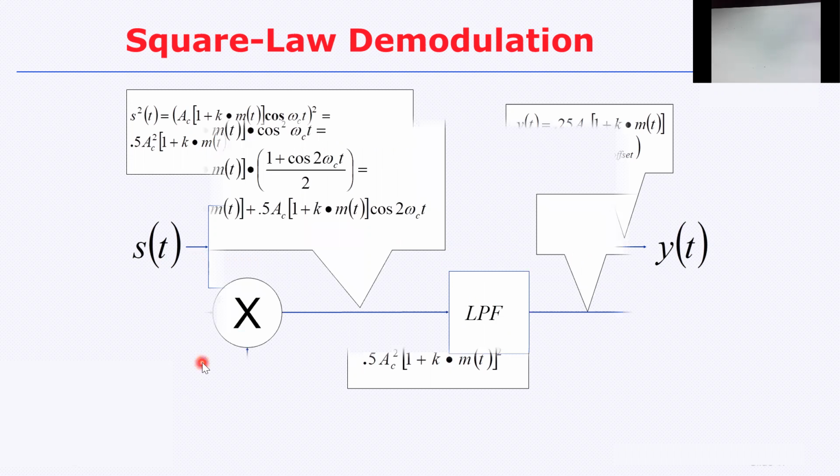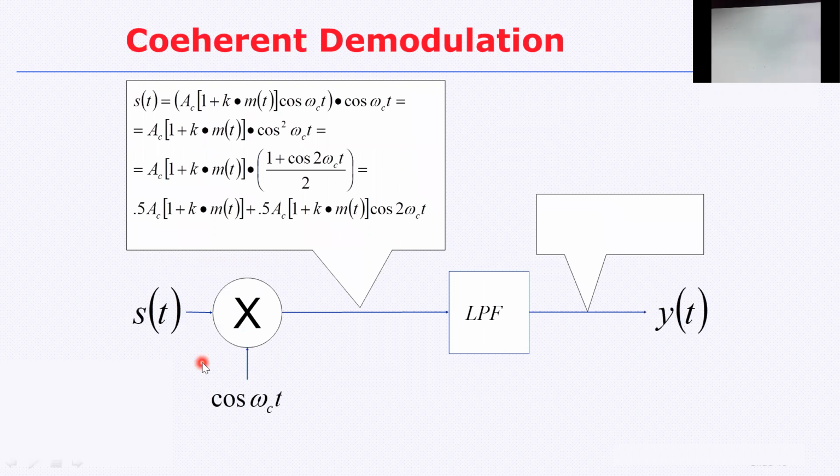The next one is what's called the coherent demodulator. Very simple. We just have a mixer again, multiplying by the carrier, and a low-pass filter. Let's see what will happen. Again, let's turn back to our whiteboard.